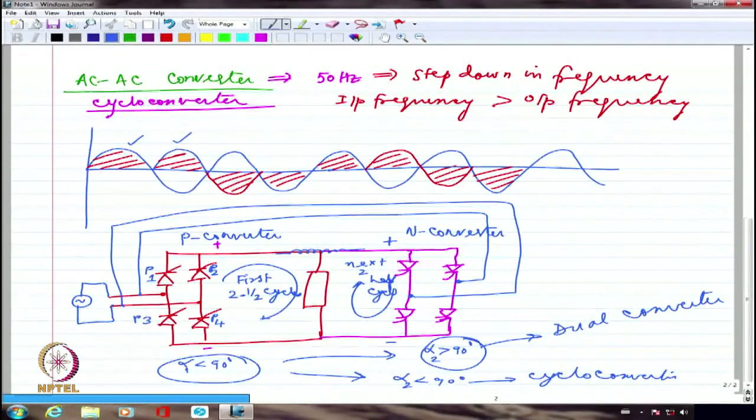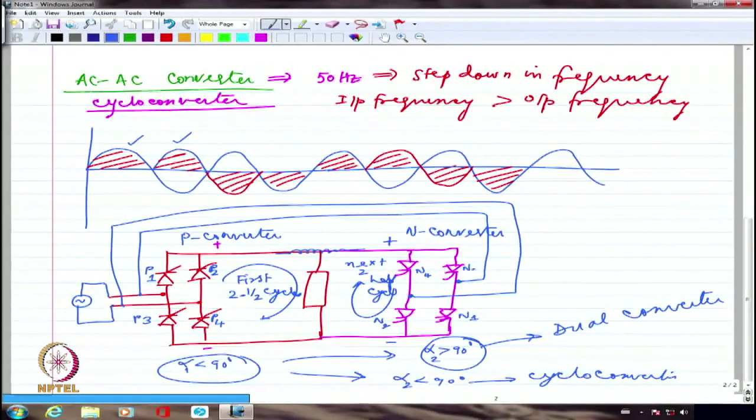Right? Whereas, if I want the other way round, if I want the negative half cycle at the output, then I have to take care of these devices. So, if I may call this, this is coming to A. So, if this is coming to this one, I should call this N1. So, this will be N4 and this will be N2, this will be N3.